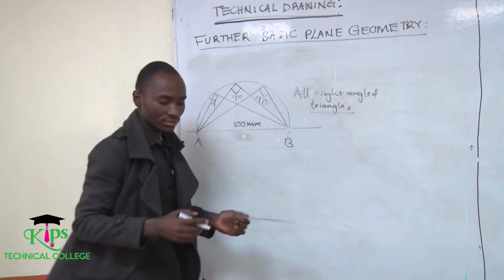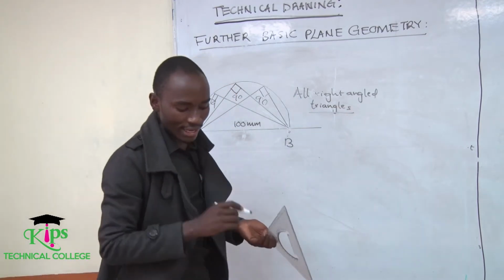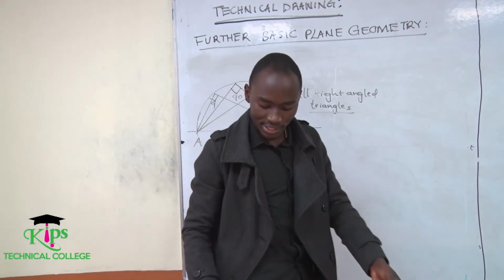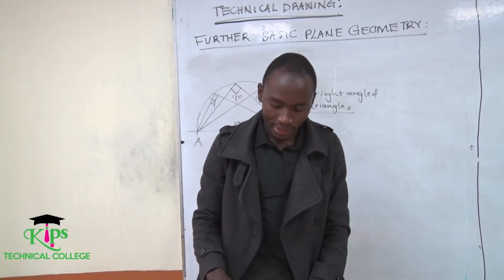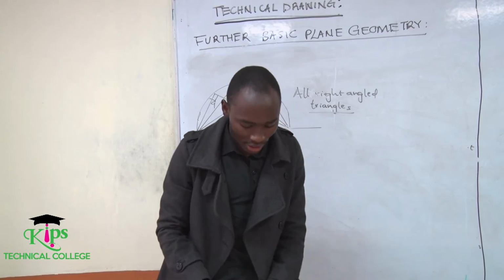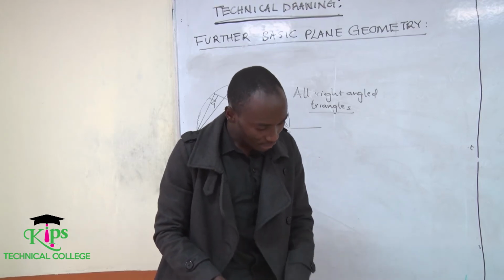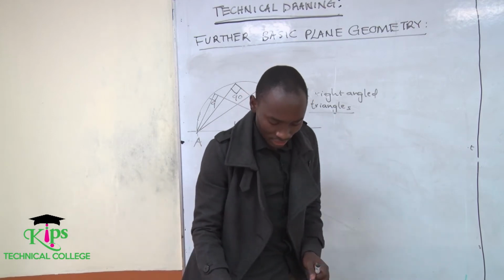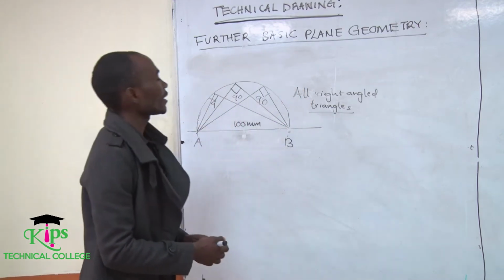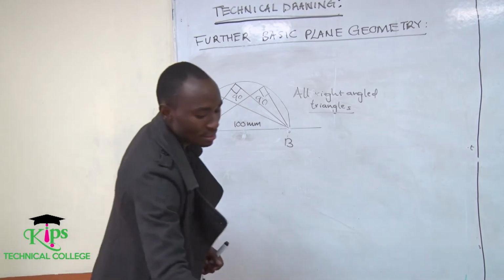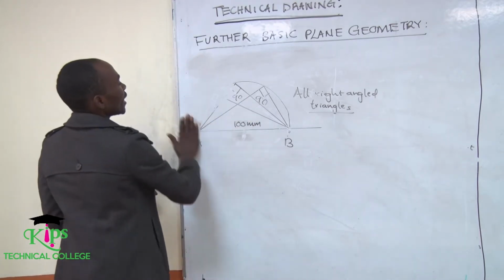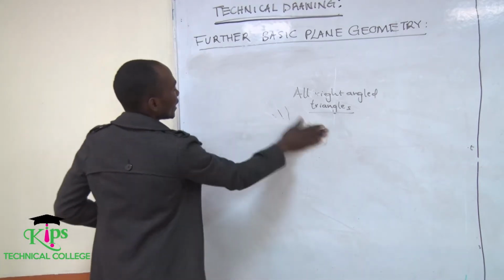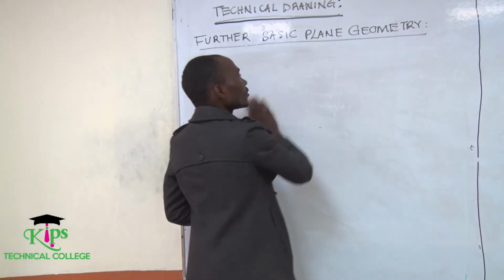So you should get to note that all the angles that lie in a semicircle are always right angled triangles. Again, you may find that some angles may lie in a circle. So what happens when triangles lie inside a circle?